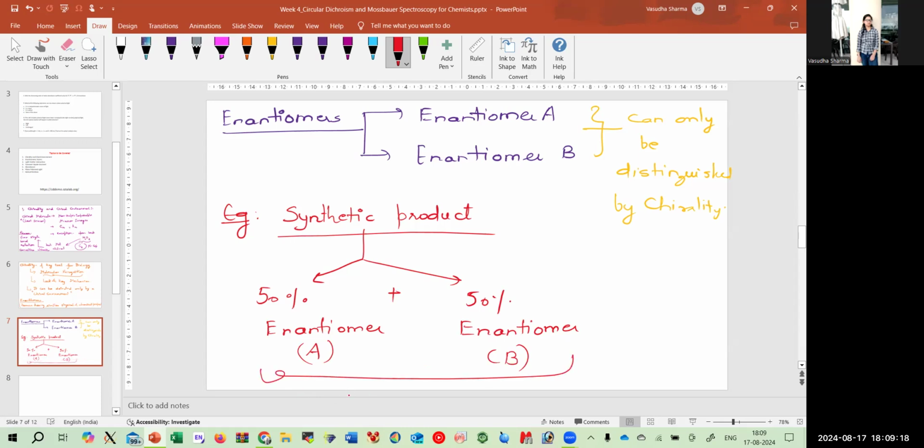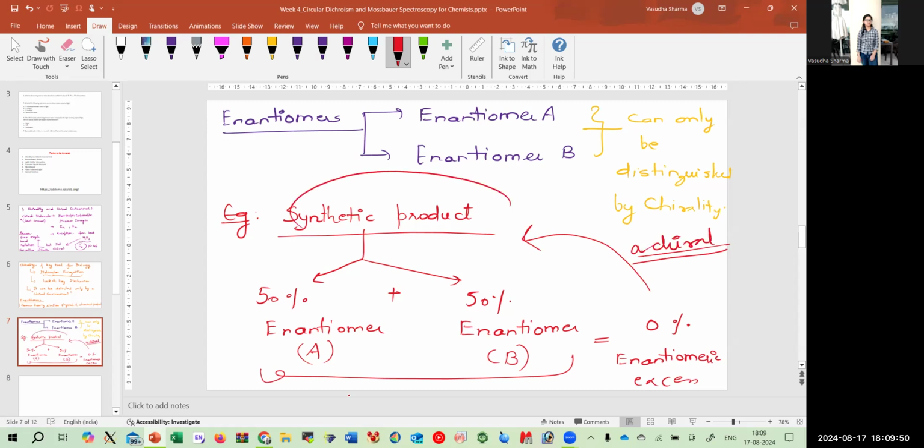This is called 0% enantiomeric excess. When both parts are present in equal amounts, there is no isomer which is present in excess. Therefore, it is called 0% enantiomeric excess, and hence this makes your product achiral.